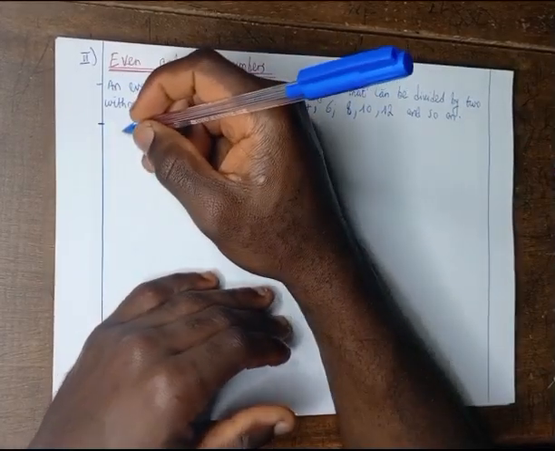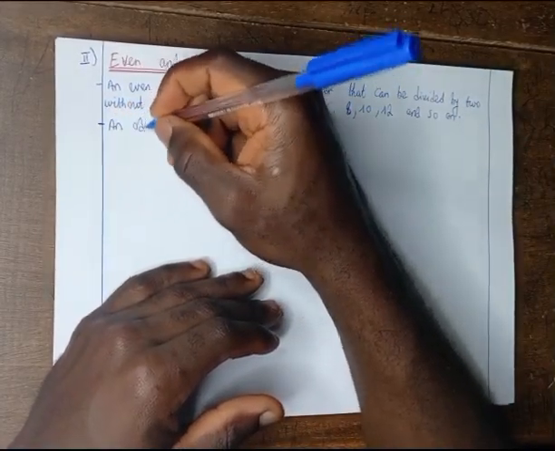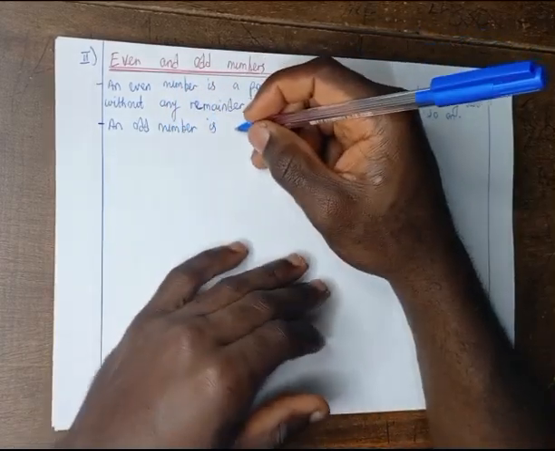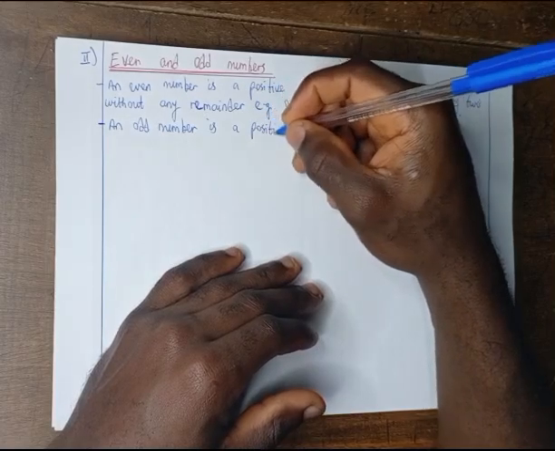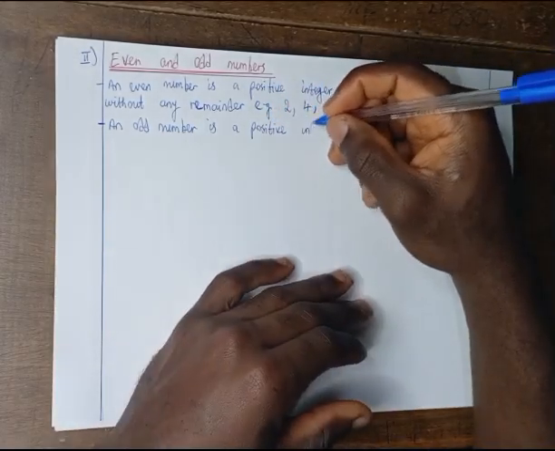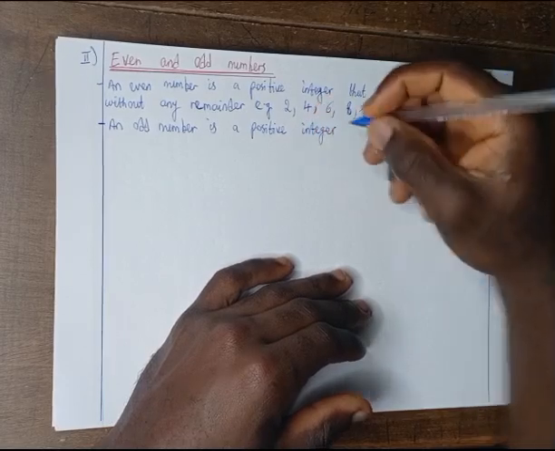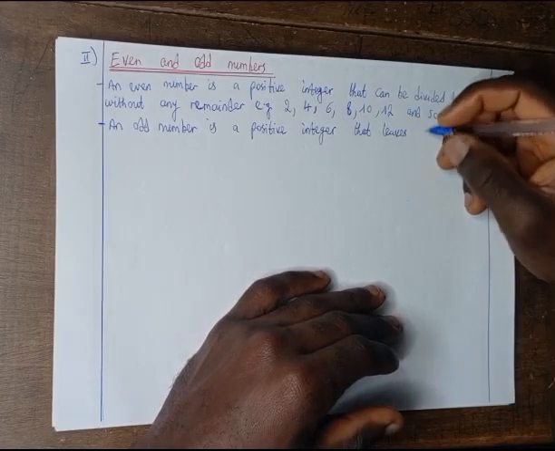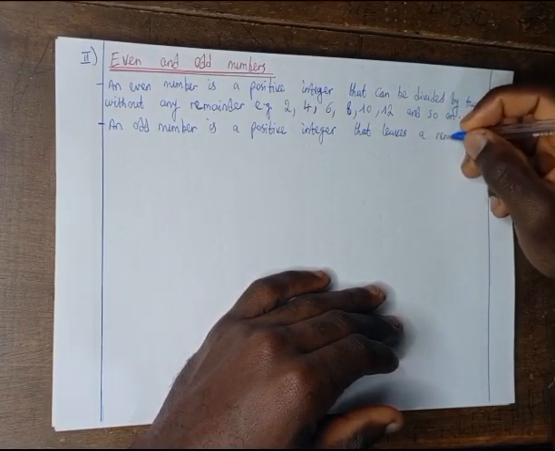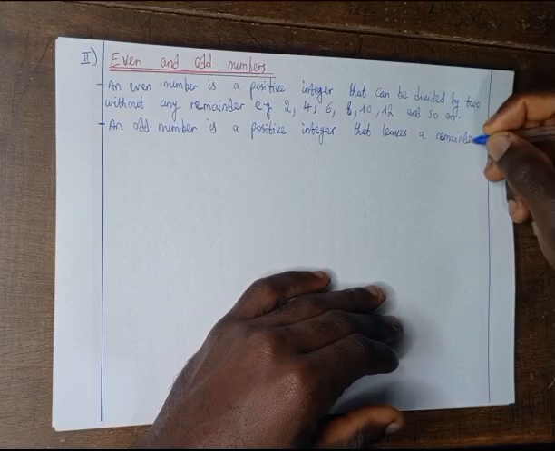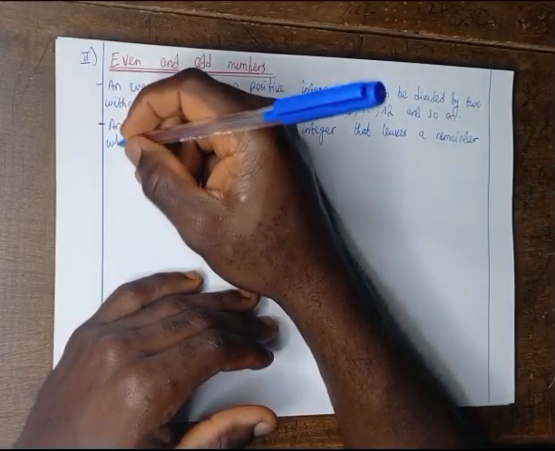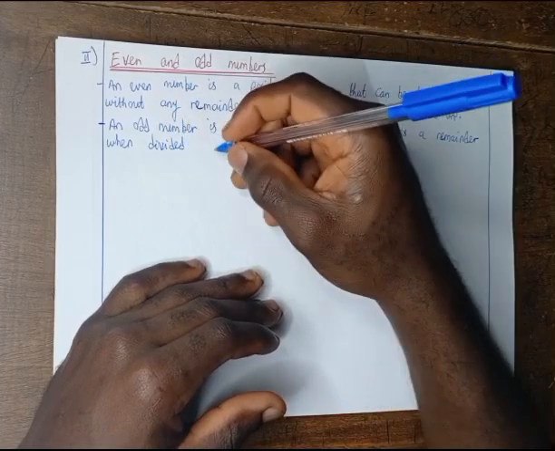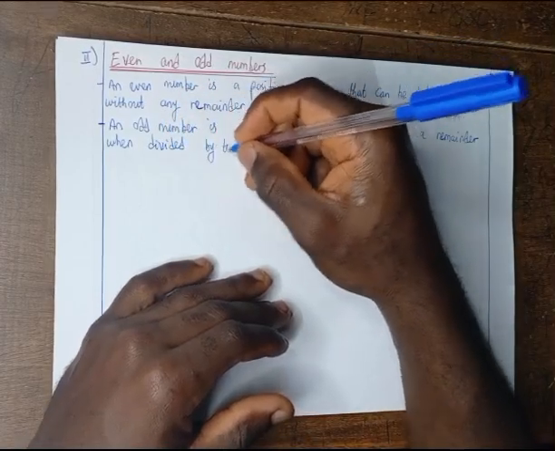Next, now an odd number. An odd number is a positive integer that leaves a remainder when divided by 2.